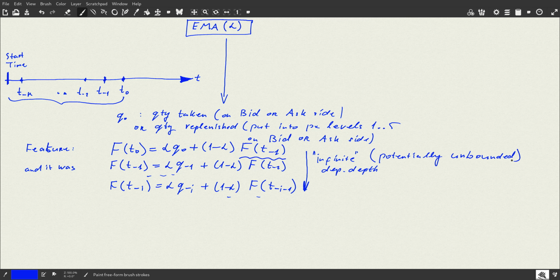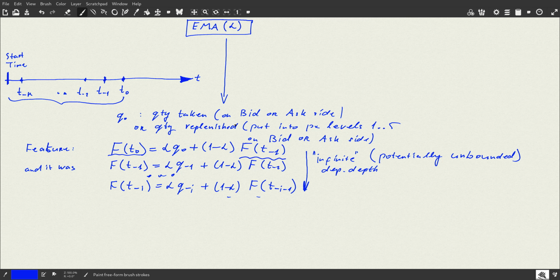Is it clear now? Yes, thank you. And this is probably one of the advantages of EMA, because you don't need to maintain very large windows. You can do it in a very simple way, just algebraically.